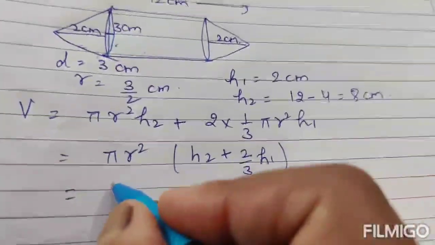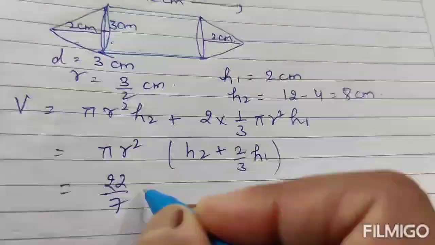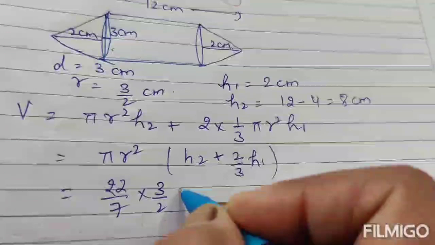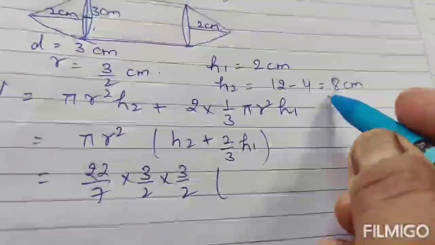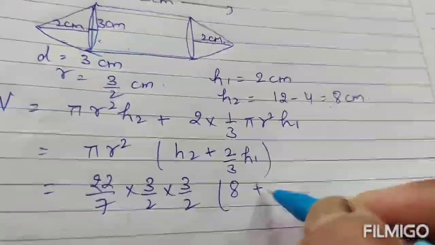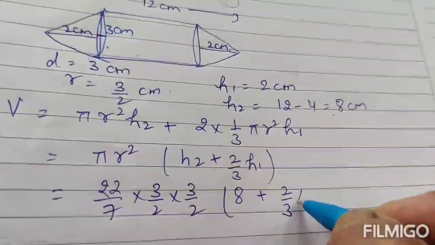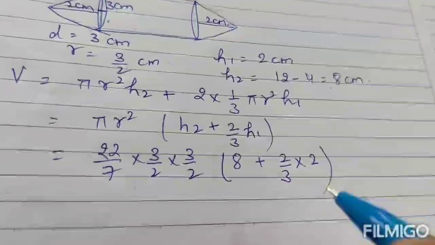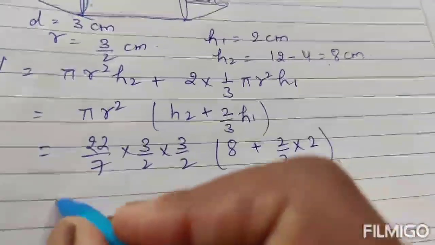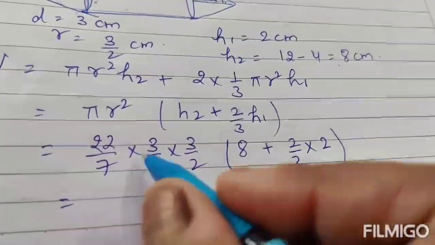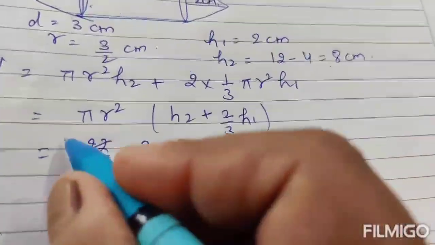Put the values: 22 by 7, r is 3 by 2, pi r square, and h2 is 8 plus 2 by 3 into 2, it means 4 by 3. The height is 2. Cancel 11.